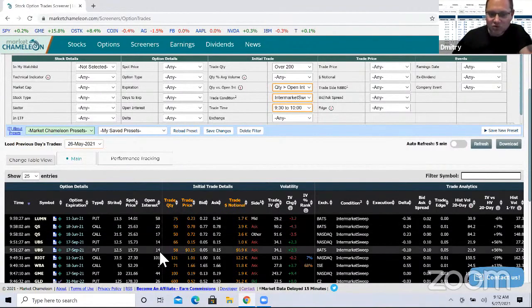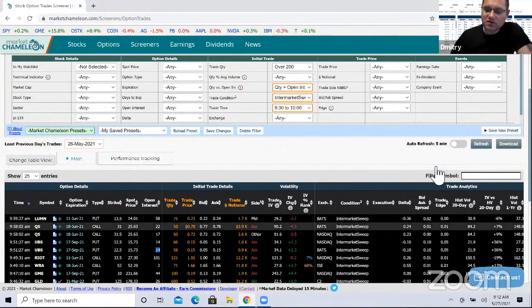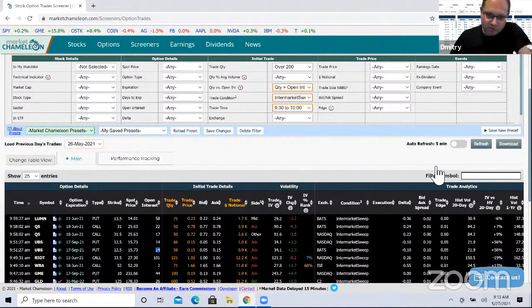So here we most likely, right, it's a new opening position. Why? Because in the morning, for example, here UBS, there's only 14 contracts of open interest. Remember, open interest, we only see once a day. That's when it gets calculated. We see it in the morning. We won't see the new open interest until the next day when the OCC calculates it based on settled trades, exercises, assignments, and all that.